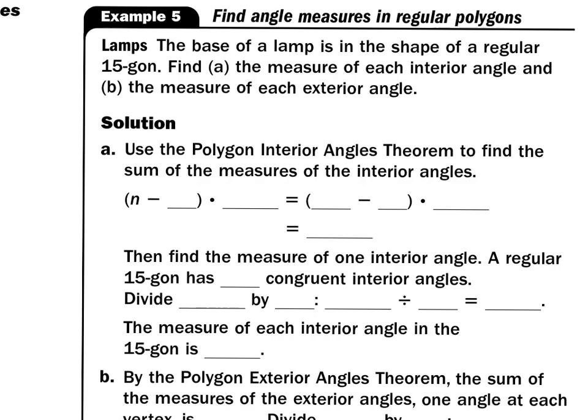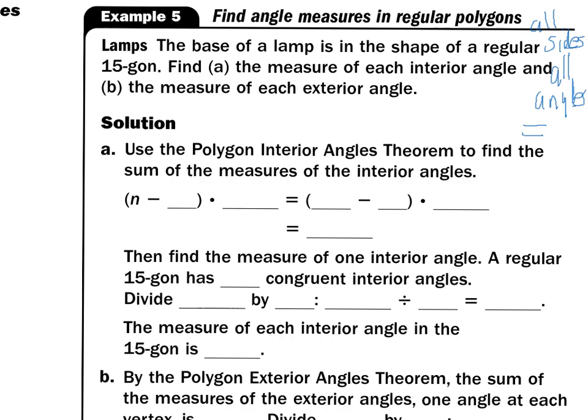Okay, example 5. The base of the lamp is in the shape of a regular 15-gon. Okay, remember what regular means? All sides, all angles are equal.